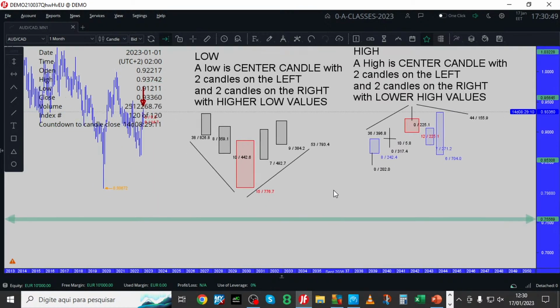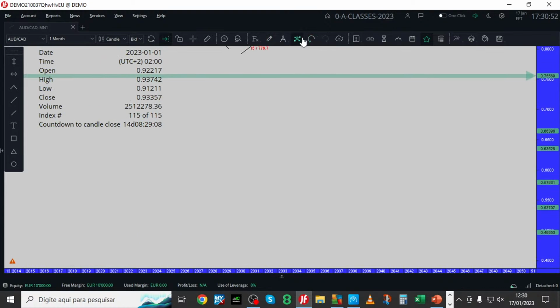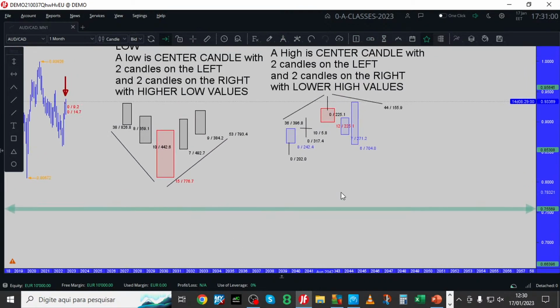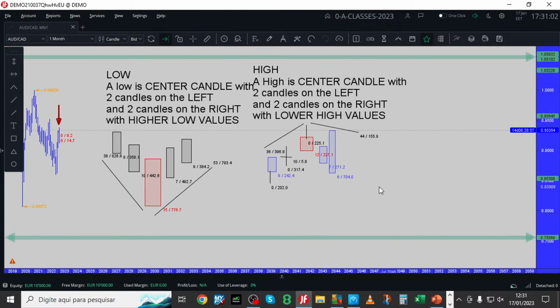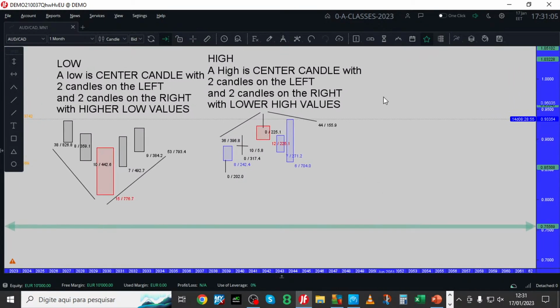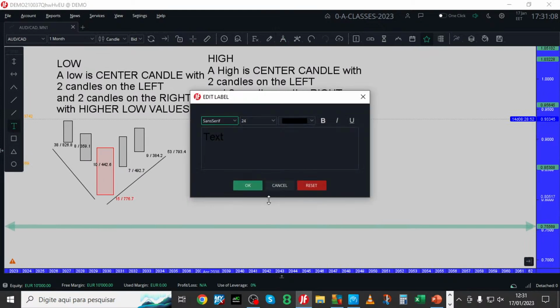Now let's write this down. How to determine a trend. This is something to learn. How to correctly identify trends.